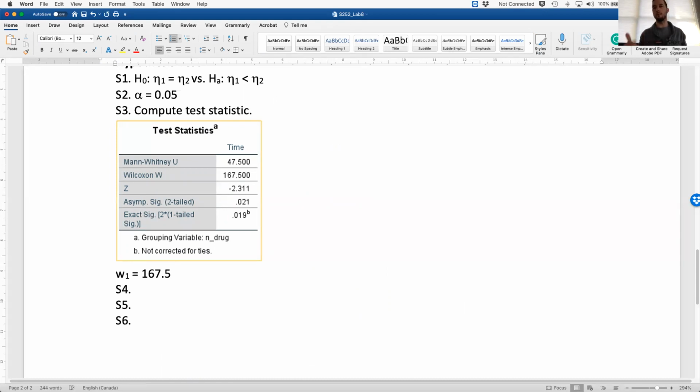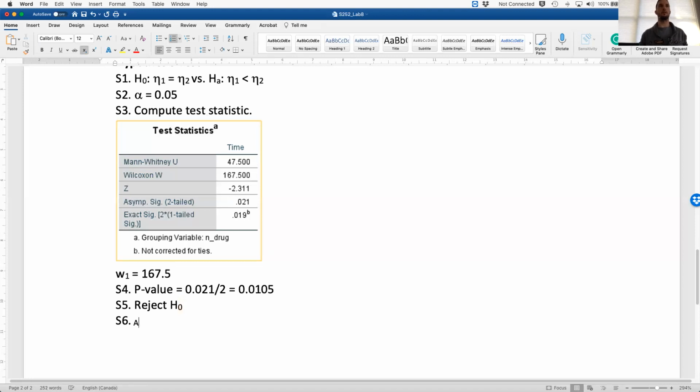So this is the sum of the ranks for group 1, right? Our p-value for this test is equal to 0.021 divided by 2 because we're doing a lower tail test, which is 0.105. So on step 5, we can reject H0 since our p-value is less than alpha.